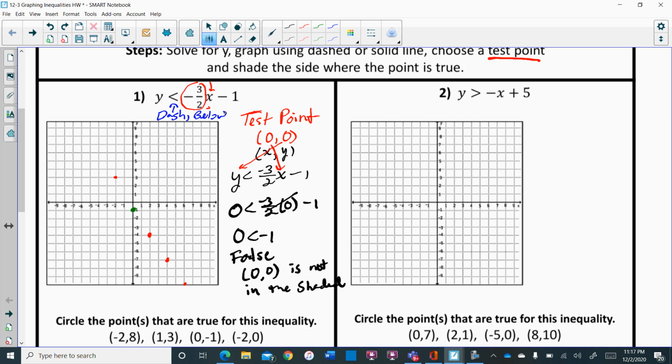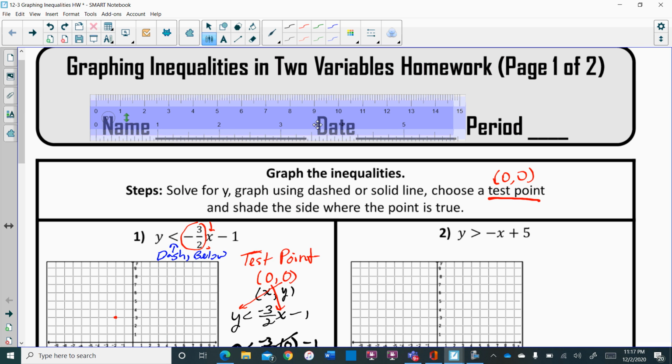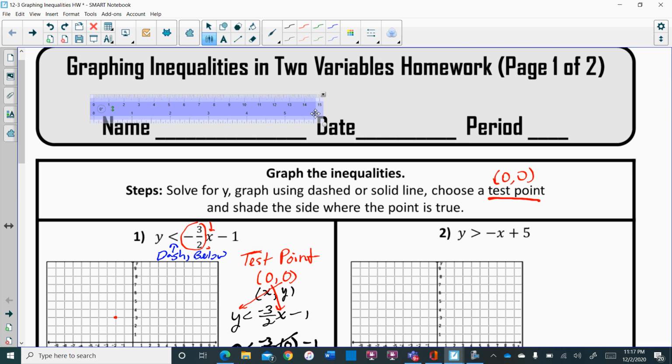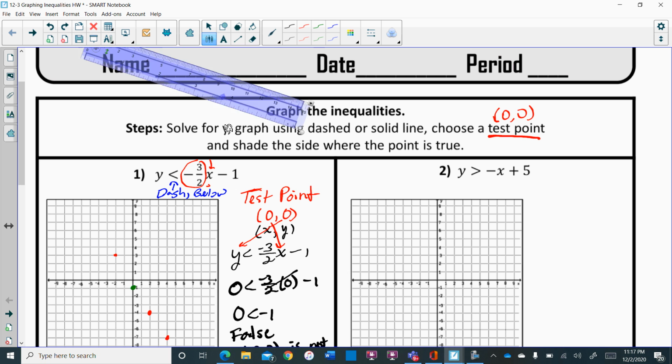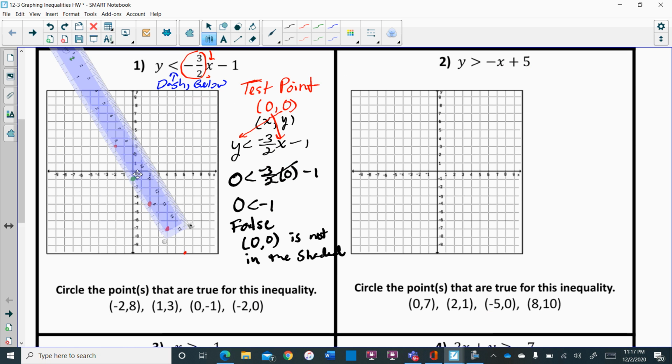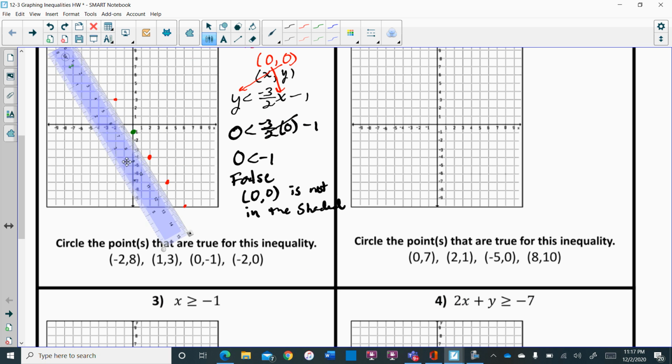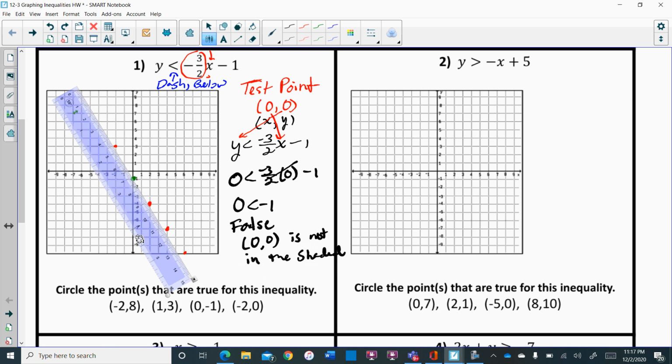All right, so I'm going to just use the tool, or I'll do one with the ruler. So here's your ruler. Ooh, it's huge. I don't need it to be that big. And we're going to bring it down here and line up the edge with the points.